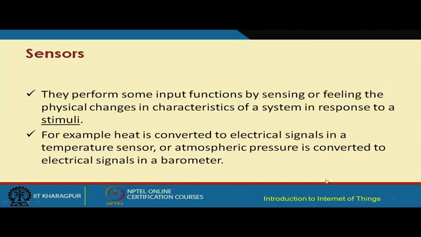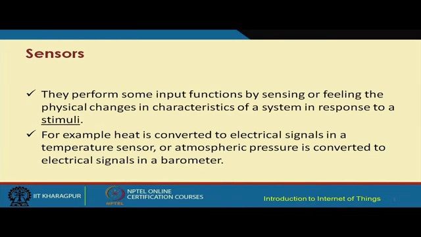So, the sensors, based on certain stimuli, can measure the changes in the physical characteristics of the environment, of the system, and so on. And these changes are basically converted to electrical signals.